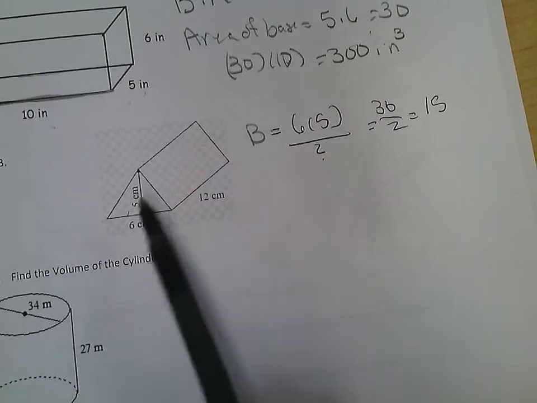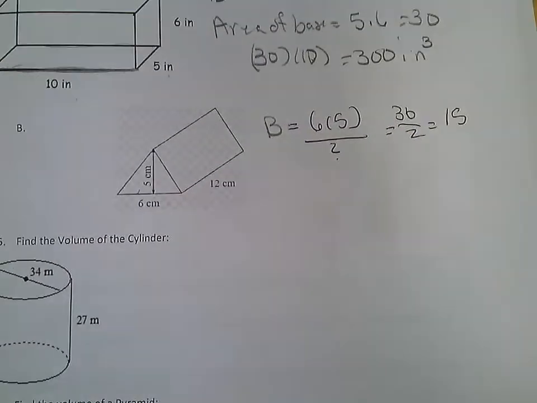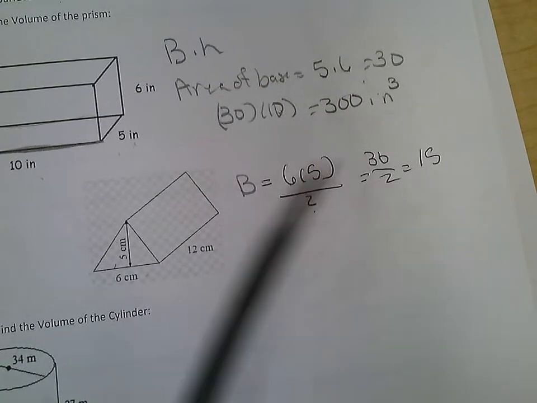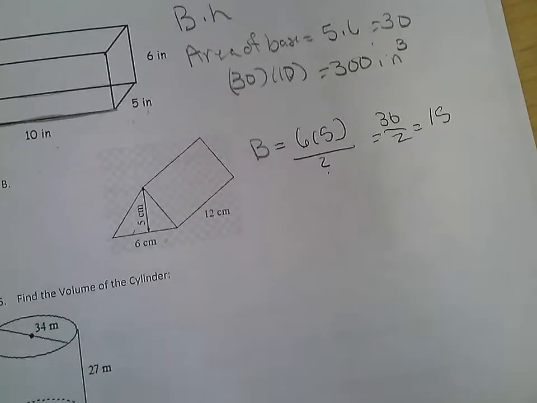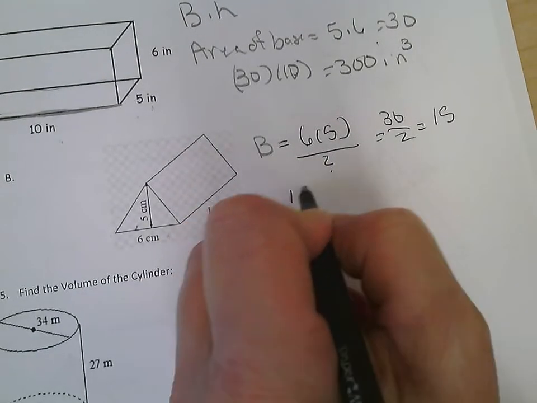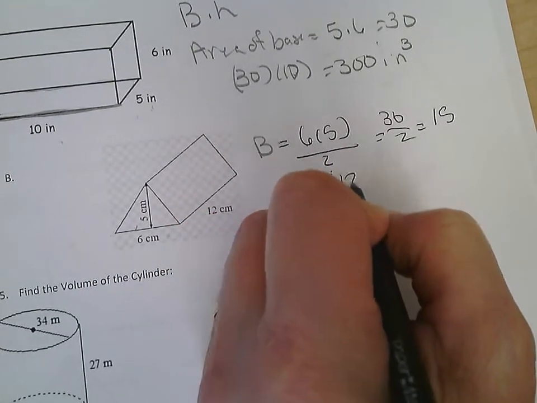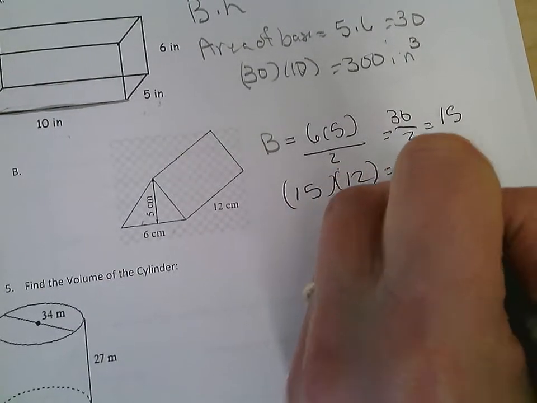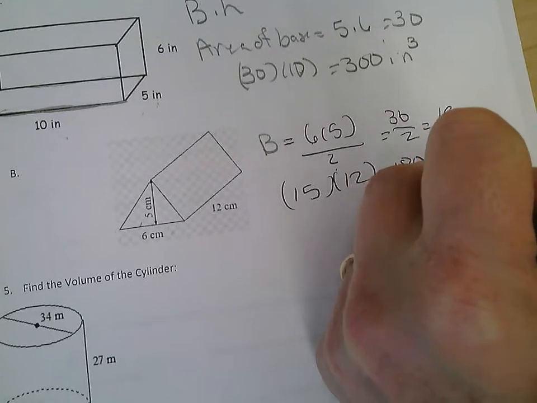Now we don't need both bases. The formula tells us that it's the area of the base times the height. Not two bases. We just need one base and then the height. So we take 15 times 12. 15 times 12 gives us 180 centimeters cubed.